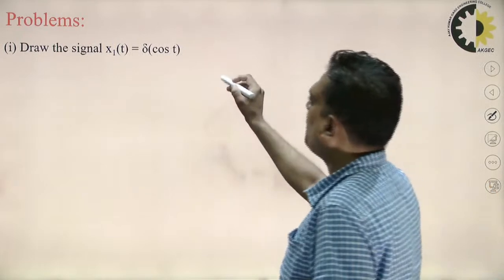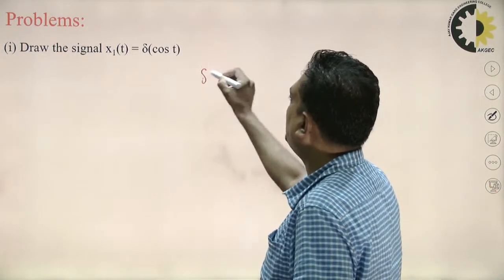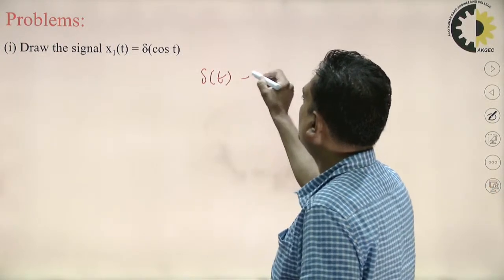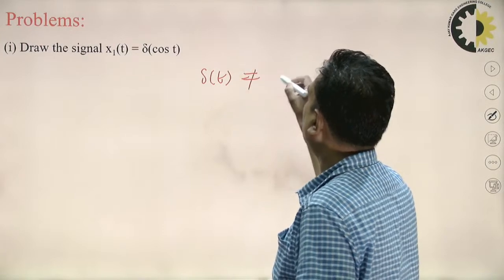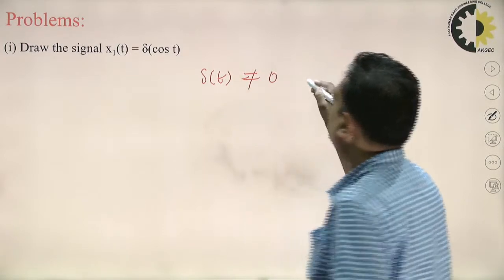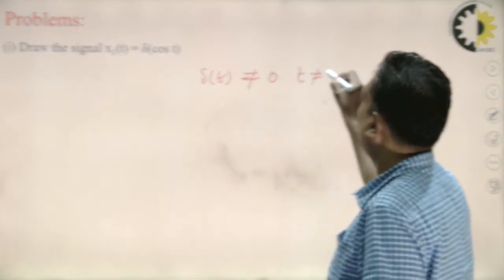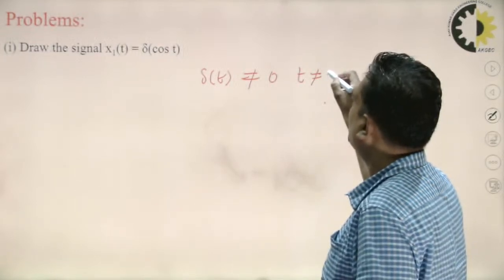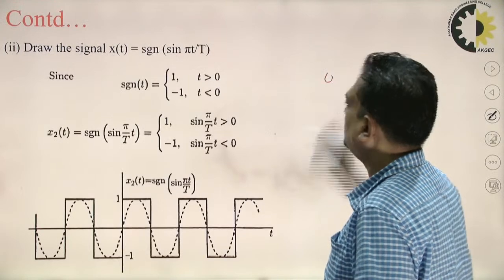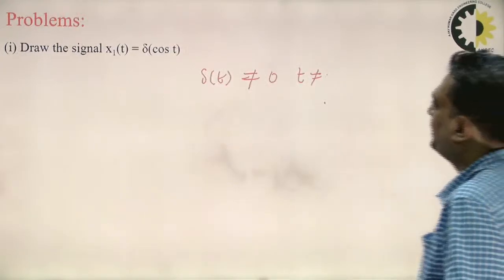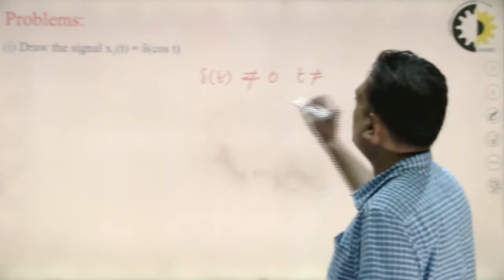Delta(t) is not equal to 0 for t not equal to 0.